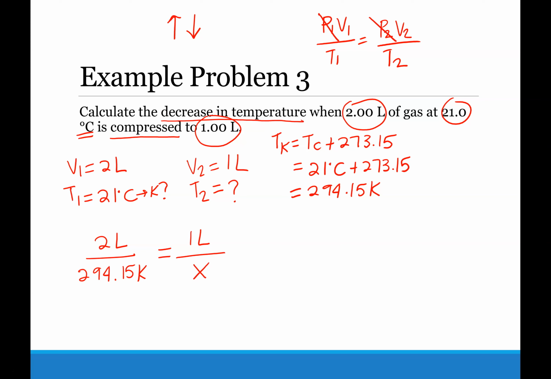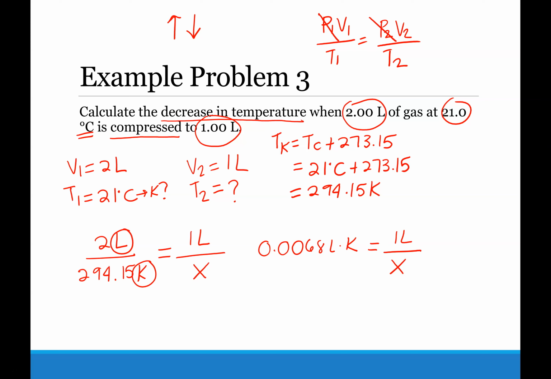So 2 divided by 294.15 is 0.00679, so 0.0068 liter kelvins, because that didn't go anywhere. Nothing canceled here. Equals 1 liter divided by X.